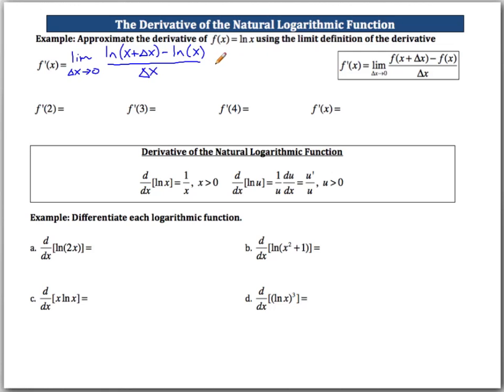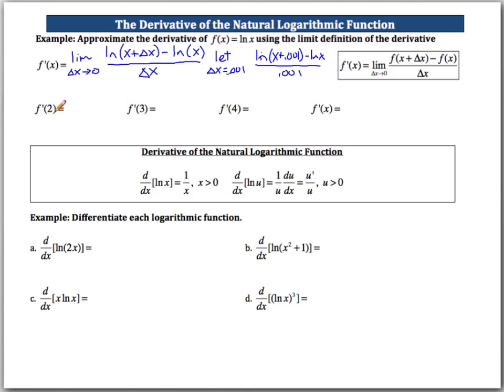So again, we're just finding the slope of the function. Now, what we're going to do to approximate this is we're just going to let delta x be some small number. So let's just say like 0.001. That'll be small enough for our purposes. So if we let delta x equal 0.001, this formula for the derivative is going to be the natural log of x plus 0.001 minus the natural log of x over 0.001.